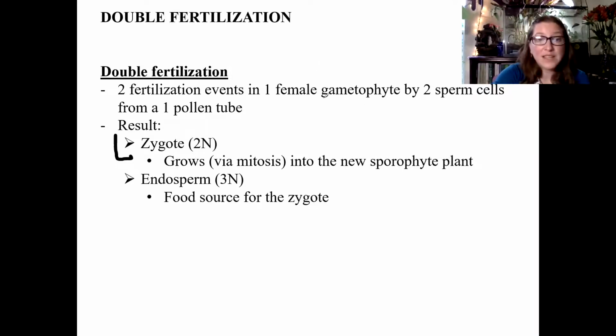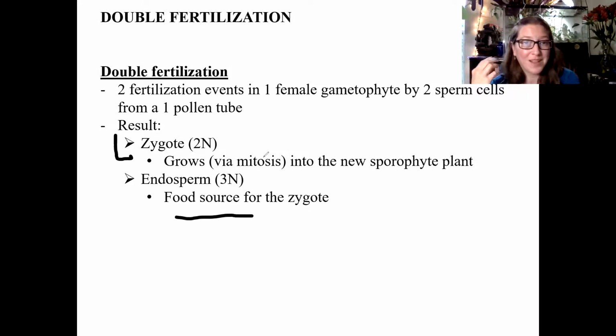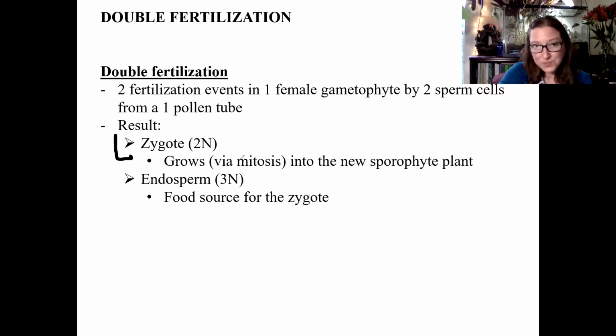The endosperm basically just serves as a food source for that developing zygote. So it's almost like in the angiosperms, you pack the kid a lunch, right? You've got this 2N zygote, and it needs nourishment to grow and do mitosis. And so that nourishment comes from that endosperm. Serves as food for the zygote. Okay.